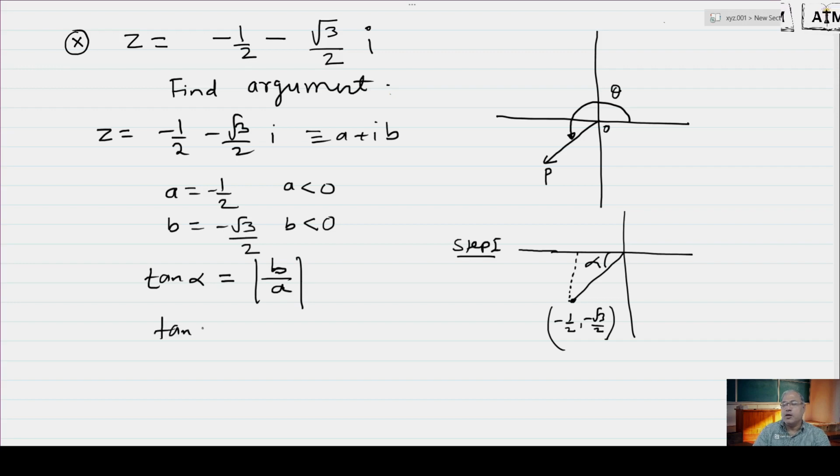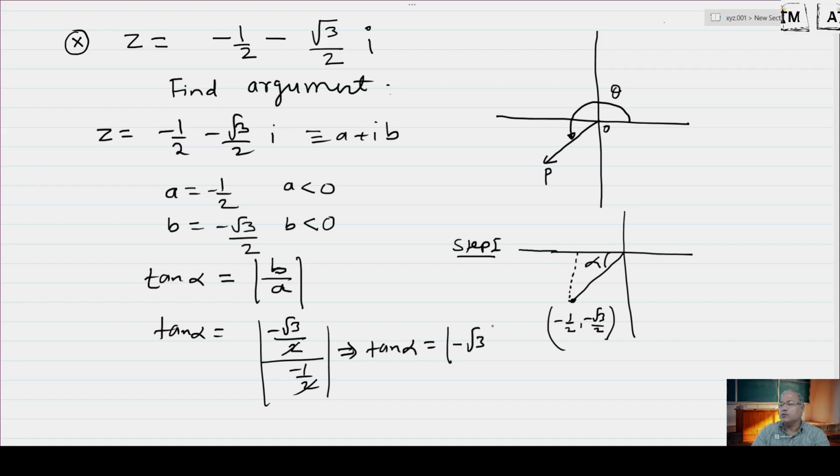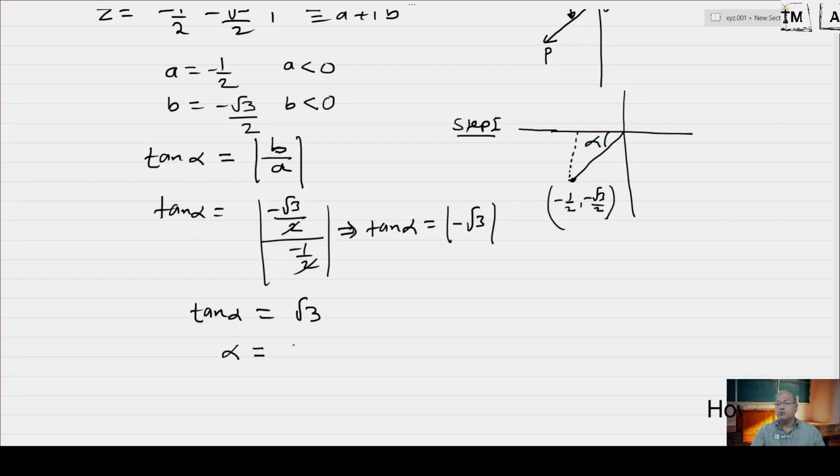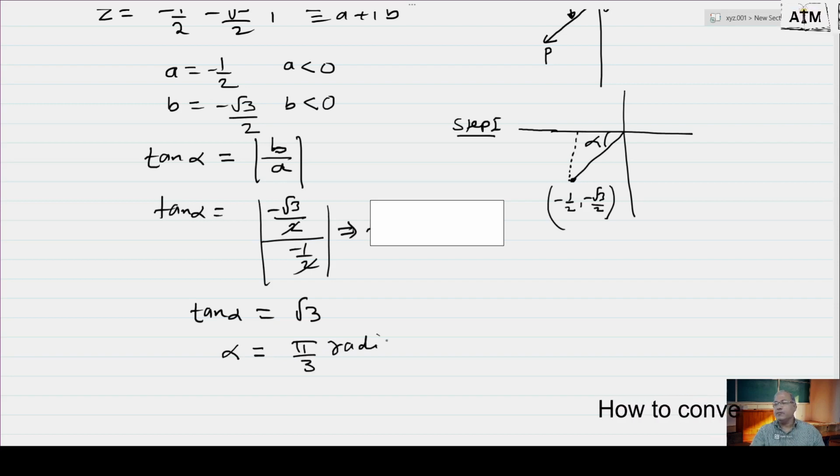Modulus of tan alpha equals minus root 3 by 2 upon minus 1 by 2. The 2 gets cancelled, which implies tan alpha equals root 3, and alpha equals pi by 3 radians.